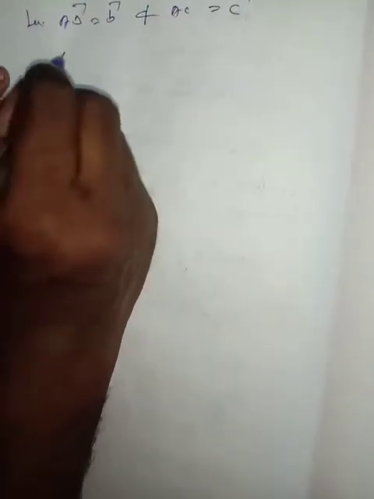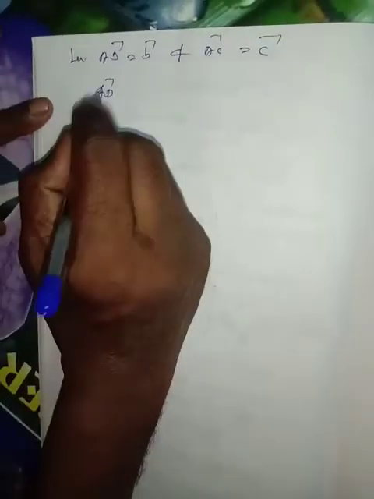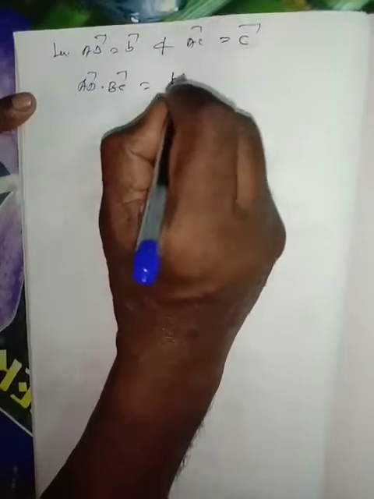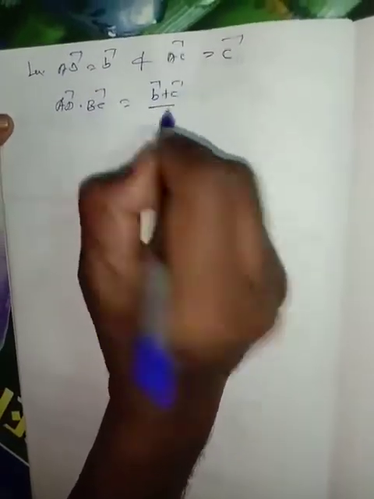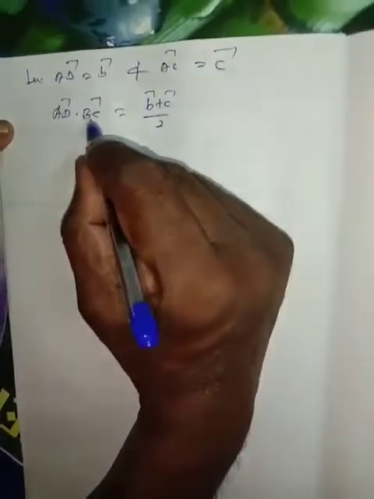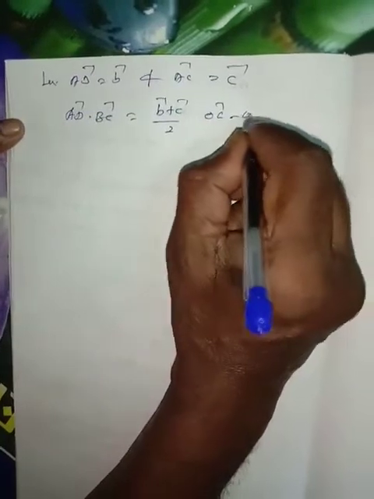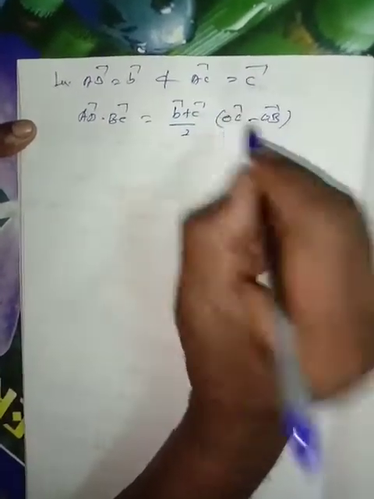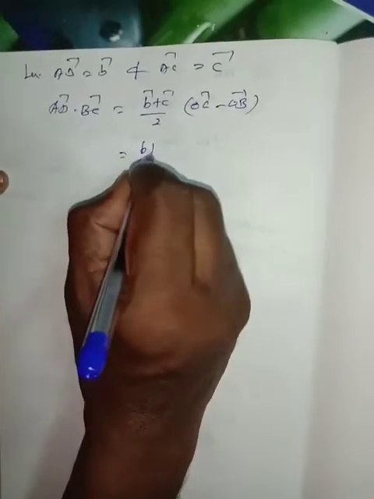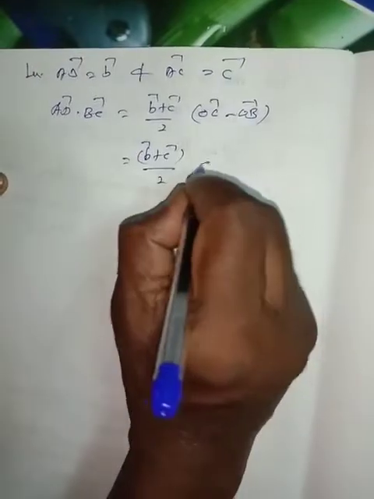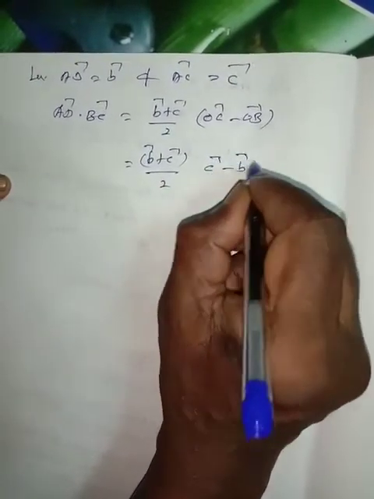Now we have to take AD vector dot BC vector. AD vector is B plus C vector divided by 2. O is the position vector of the points B and C. Then BC vector is OC vector minus OB vector, which is C vector minus B vector.